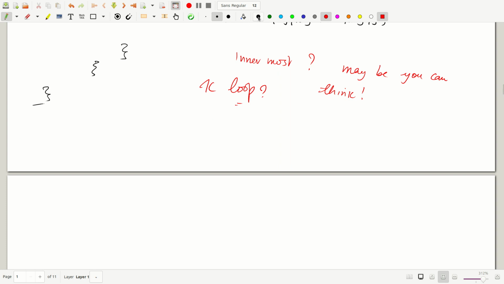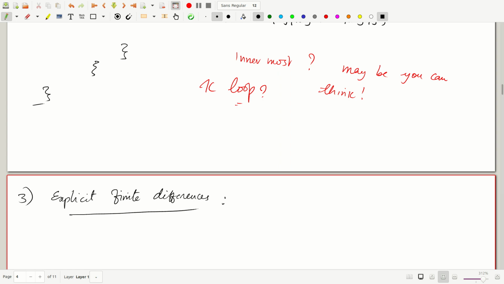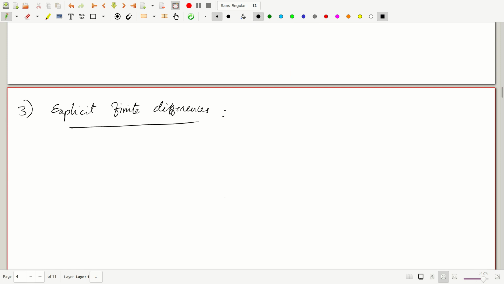So essentially, if you're dealing with a finite difference method or a finite volume method or any other method, you will come across a grid, let's say a horizontal one, with several points.